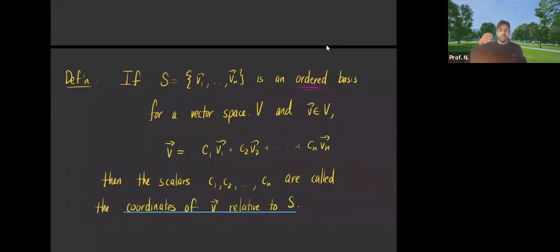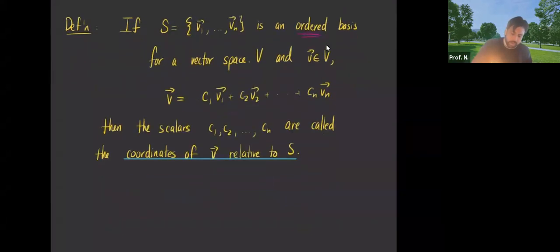So the coordinates of v relative to the basis S are the coefficients, or the scalars, in front of v1, v2, all the way to vn, that come from the linear combination of those vectors to express our vector v.